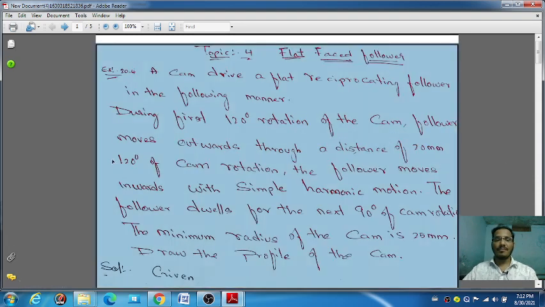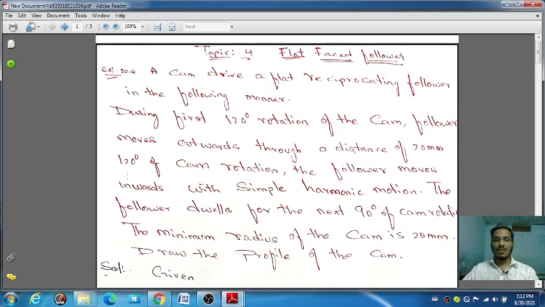Then after that, 120 degrees of cam rotation. This is the dwell condition. You know very well, after the outstroke the dwell condition will be there, that is a constant period while the follower will move along the surface of the cam. Then after that the return stroke will be there.